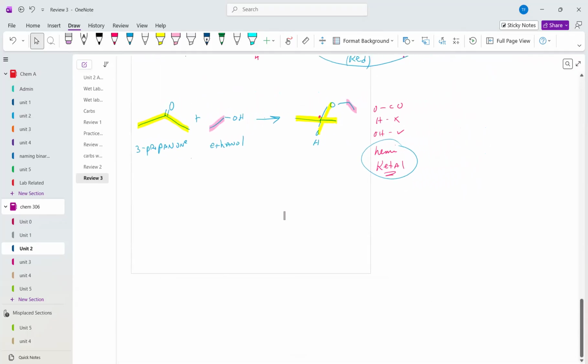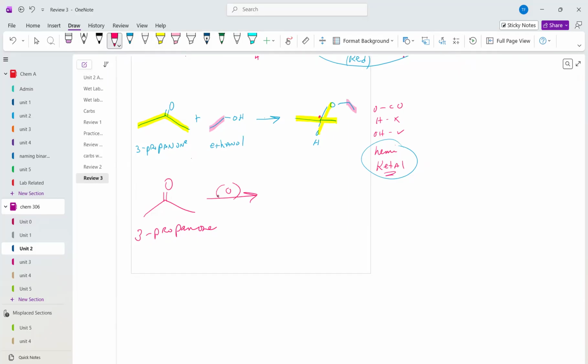Okay, so let's take 3-propanone again and oxidize it. What's our product? Now remember, you're going to have a flow chart.